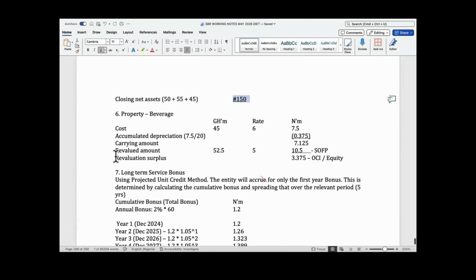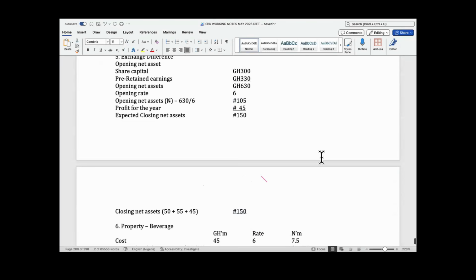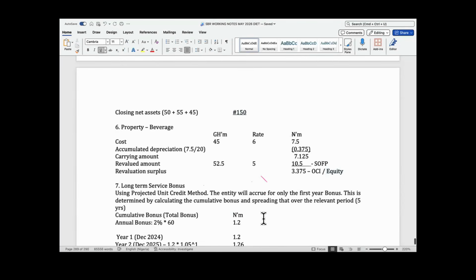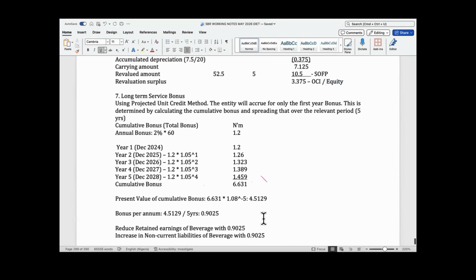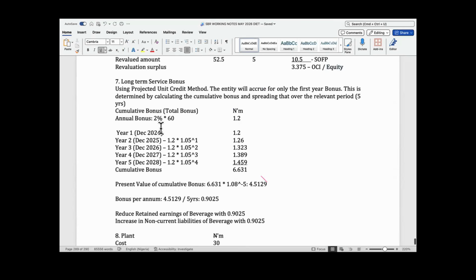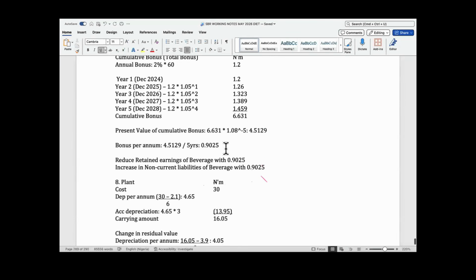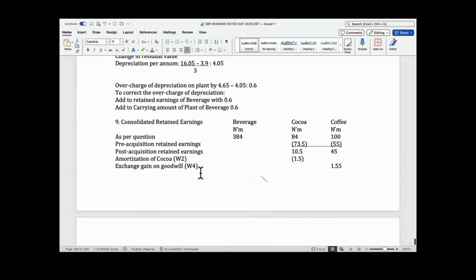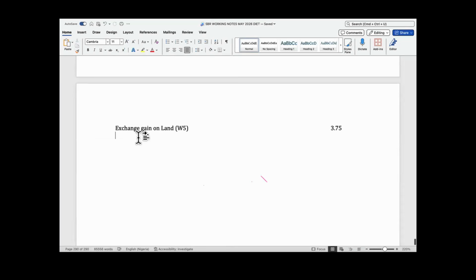Another one is this revaluation surplus, and this one is going to equity. So I'll push this one to other components of equity, the same way I'd have pushed the exchange difference there. Then there's this long-term service bonus. I said I'm going to reduce retained earnings of beverage with the 0.9025. So bonus.